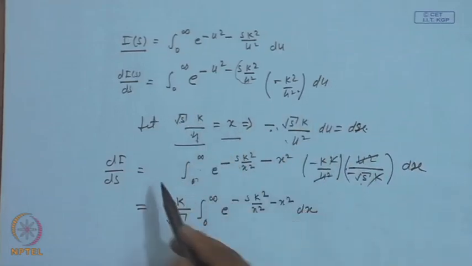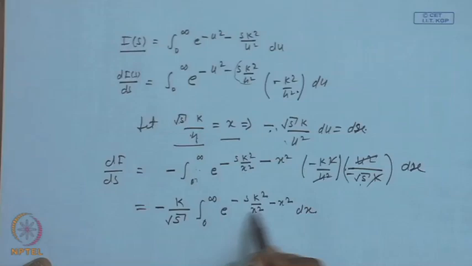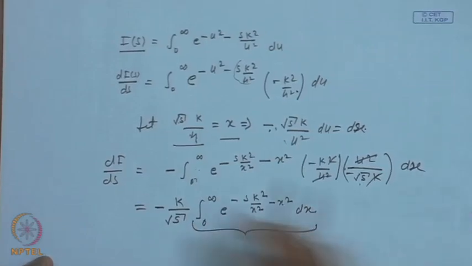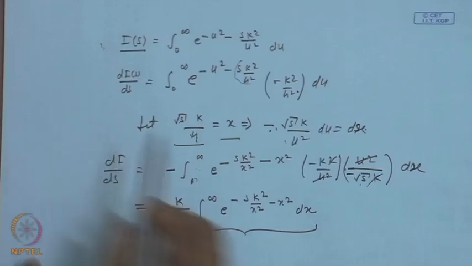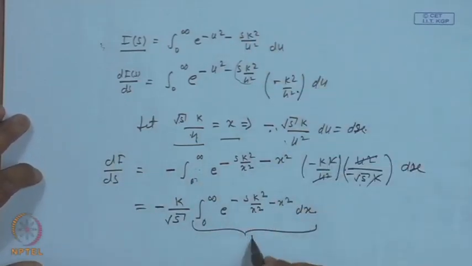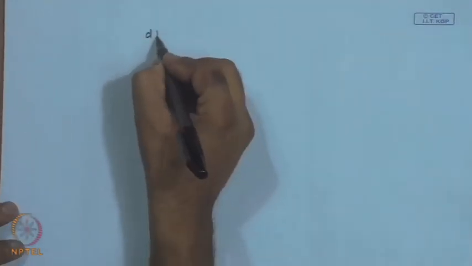So, we change the limit here and one minus sign will come. So, we have minus k over square root s, the integral from 0 to infinity of this dx. Now note that this is again the same form; the only change is that u is changed now to x. So, we have again here I of s. So, we get this differential equation, which can be solved.